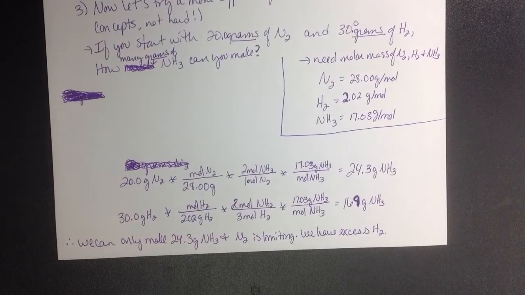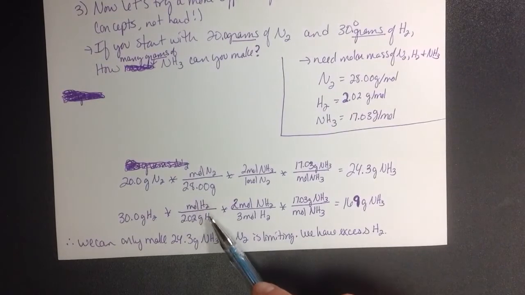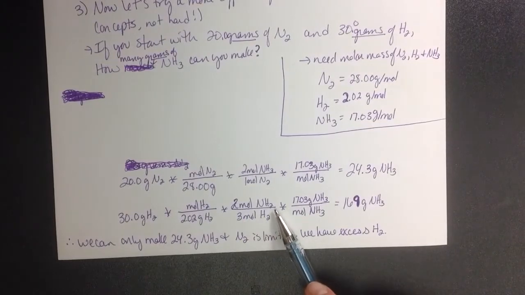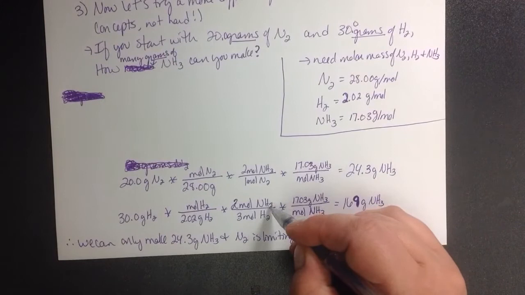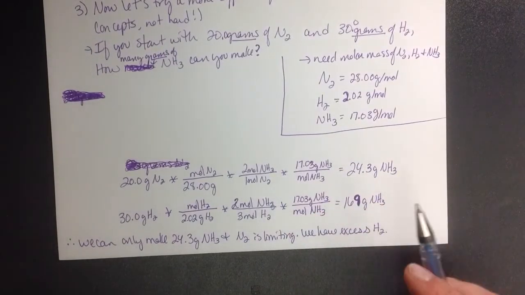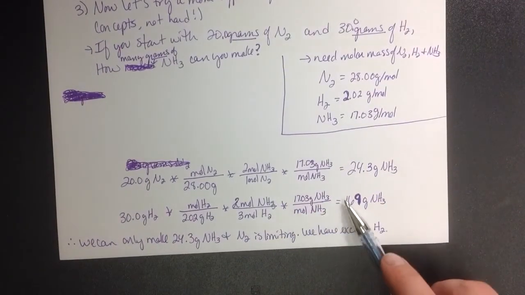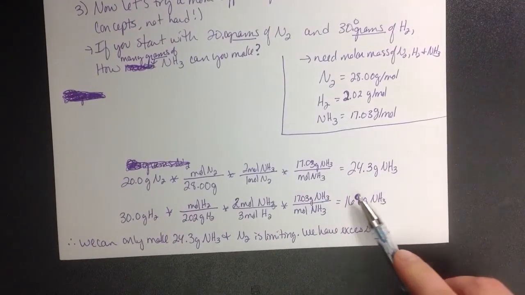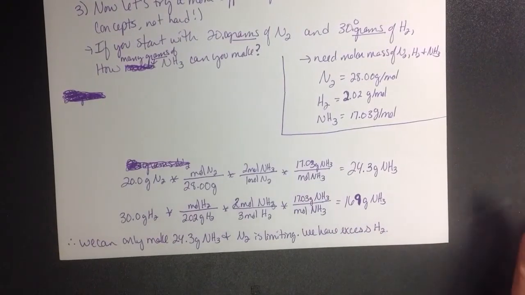Okay. On the other hand, if we start with 30 grams of H2, molar mass conversion gives you moles of H2, and from here you convert moles of H2 to moles of NH3. Sorry, I said 2, that's 3. And then the molar mass of NH3 here is used to give 169 grams of NH3.